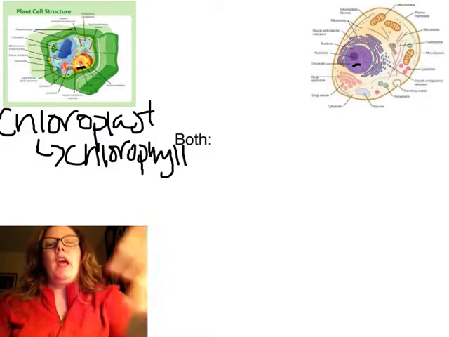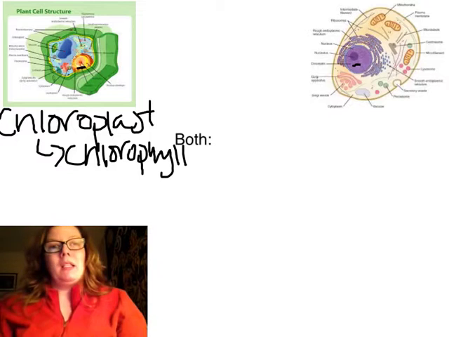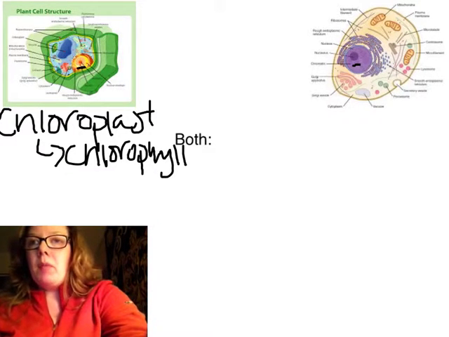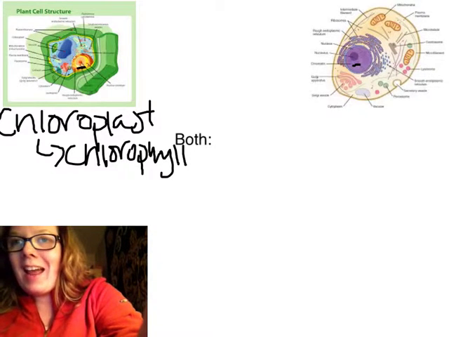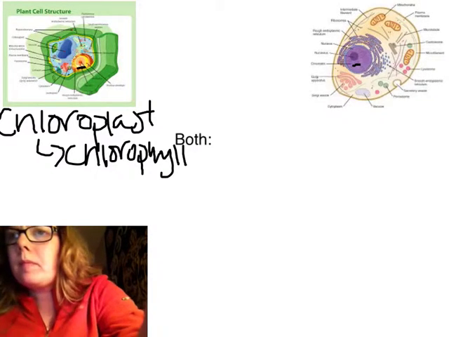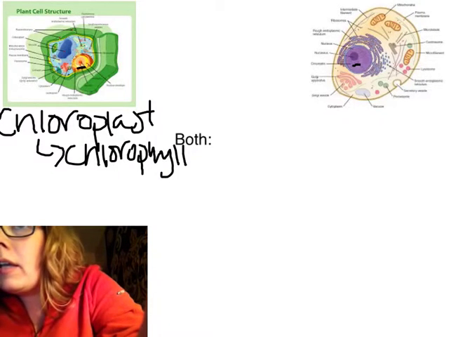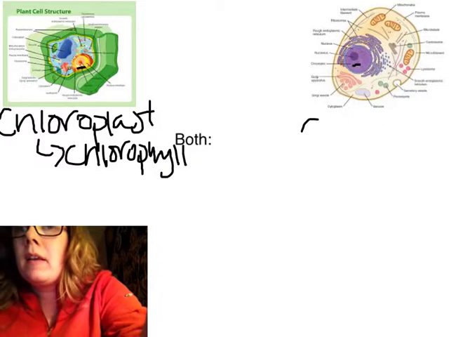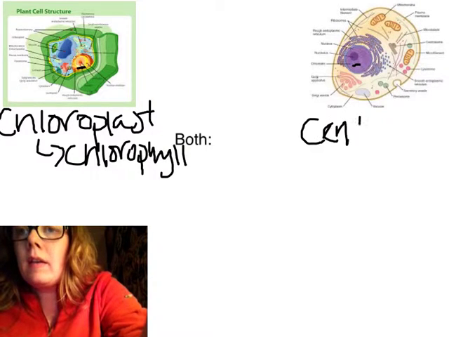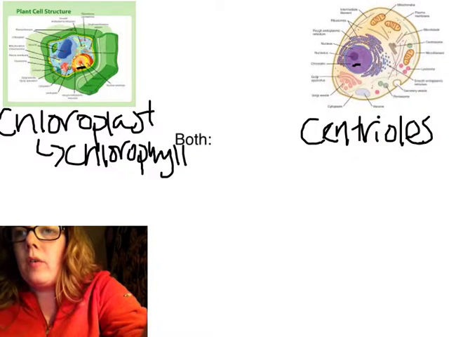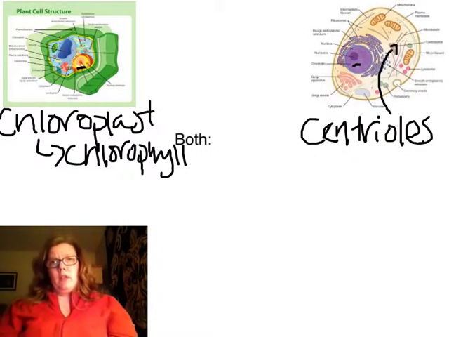Animal cells actually have very few organelles that plant cells don't. There's really only one organelle that you're going to find in an animal cell that you're not going to find in a plant cell. And in fact, this diagram doesn't have an example of it that I can see. Oh, wait a minute. Yep, centrioles. Okay, so centrioles are these things right here, and they're normally only present during cell division.